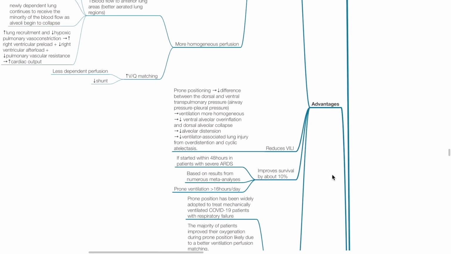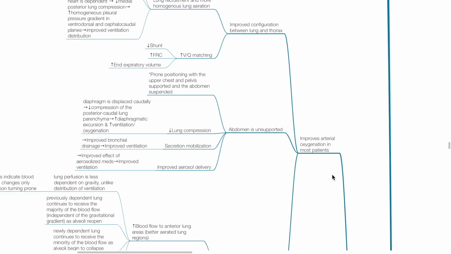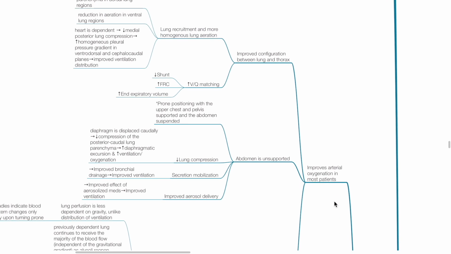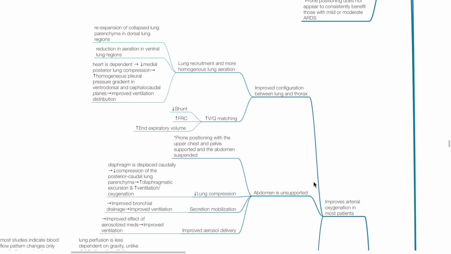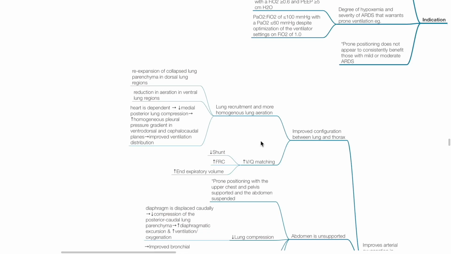Advantages: the prone position improves arterial oxygenation in most patients with ARDS. This is due to improved configuration between the lung and the thorax. There is lung recruitment and more homogeneous lung aeration. Re-expansion of collapsed lung parenchyma in the dorsal lung regions occurs. There is reduction in aeration in the ventral lung regions.